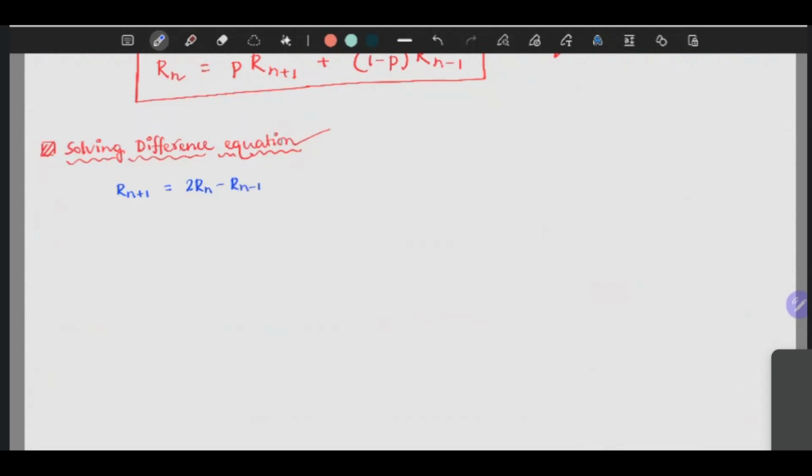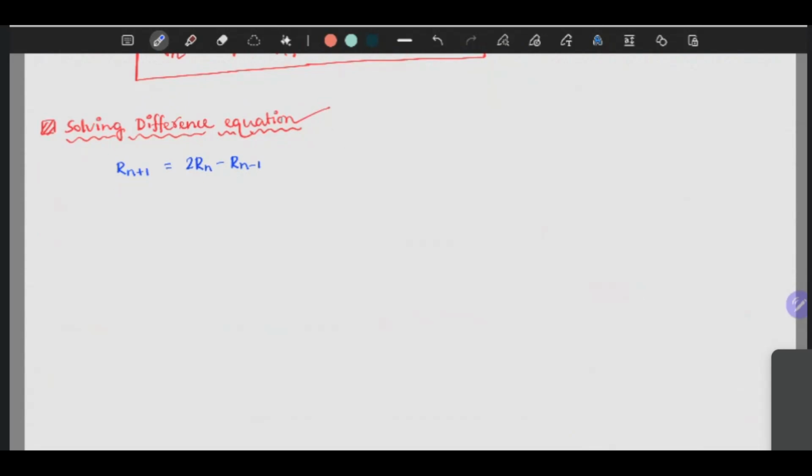So the way to solve this, let's say you assume one solution R_n is r to the power n with some constant, right? Okay, so if you do that, you can substitute here R_{n+1} as r to the power n plus 1, here r to the power n, here r to the power n minus 1.